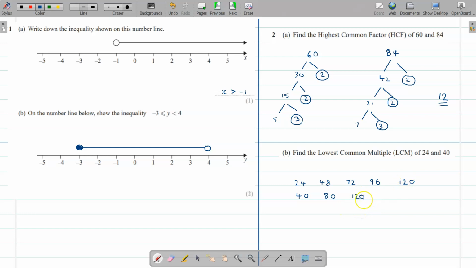So the lowest common multiple is 120. Okay, it is appearing on both of them, so you just need to make that clear in your answer there. Okay, so that's 4 marks there for those 2 parts. Next.